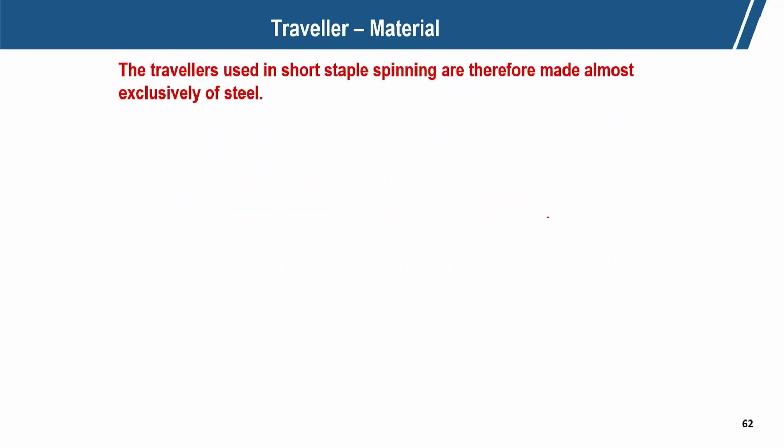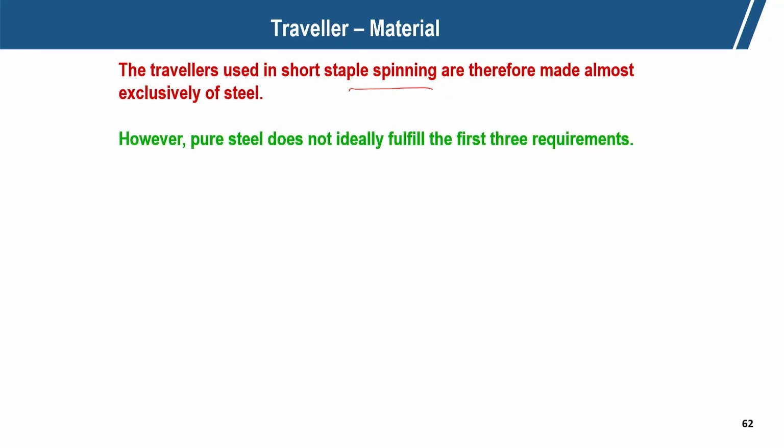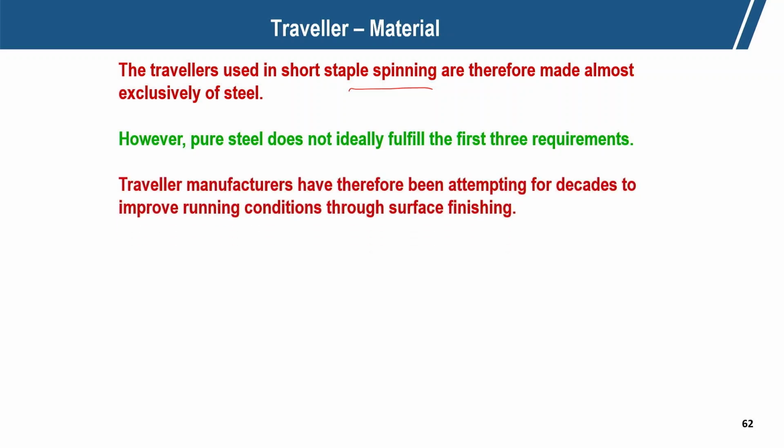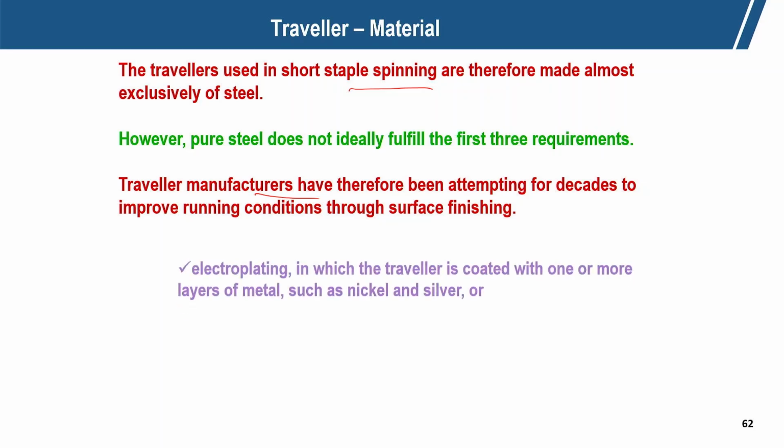Travelers used in short staple spinning are made almost exclusively of steel. However, pure steel does not ideally fulfill all the requirements. Traveler manufacturers have therefore attempted to use different materials and improve the material.